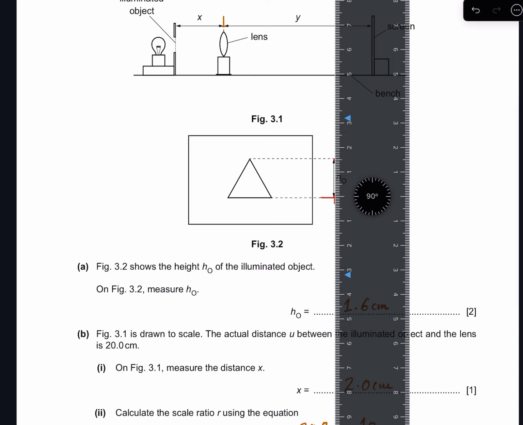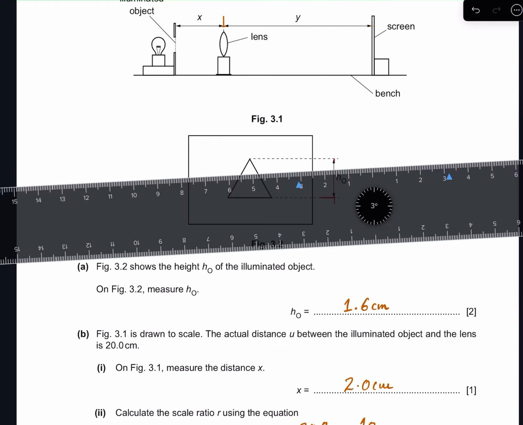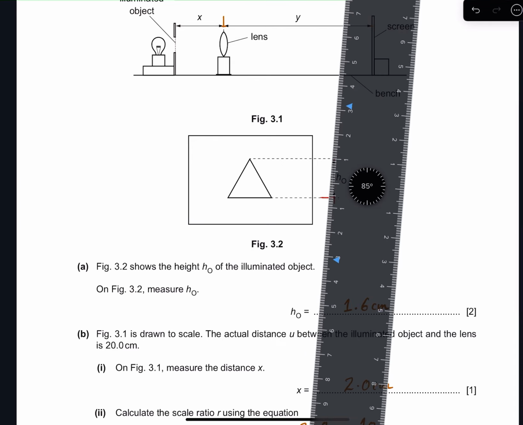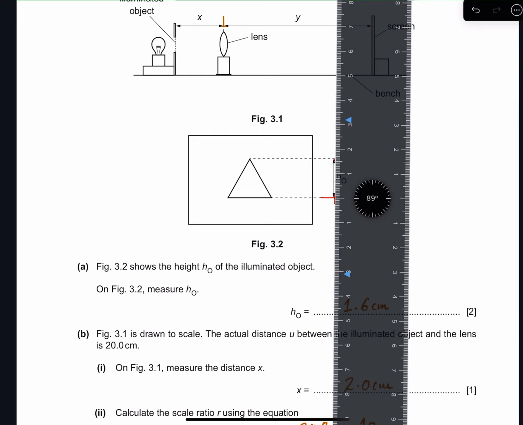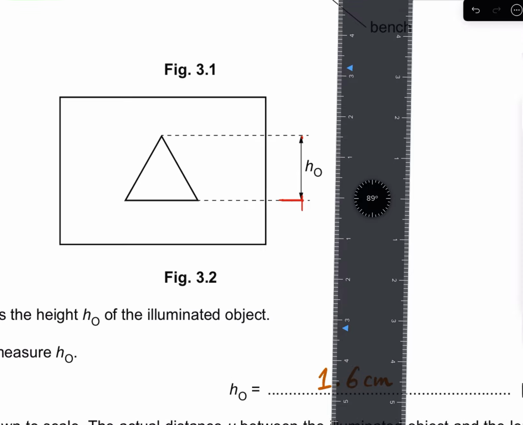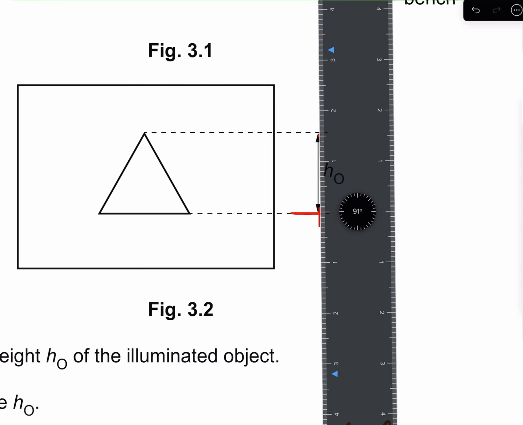It's more than 1.5. It's 1.6 almost, right? If I place it like this, you can exactly see it is 1.6. Yes, it's 1.6. Okay, let me zoom in so you can easily check it. It's 1.6. Okay, so that is how you can do it.